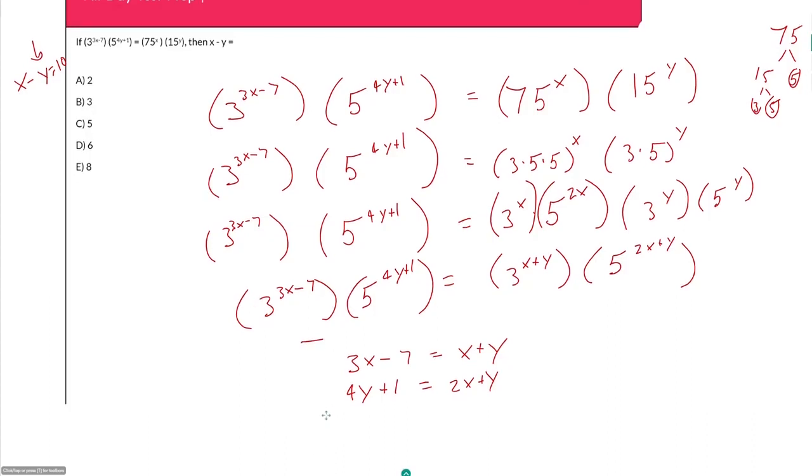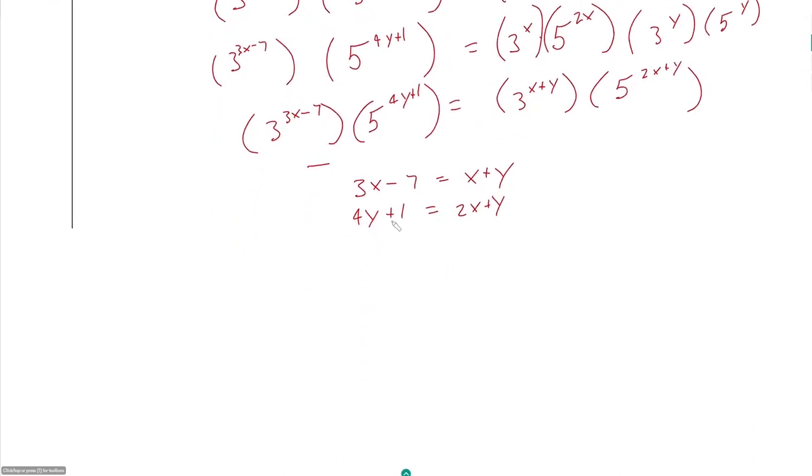I think I can first simplify these a bit. Here this is saying 2x minus 7 is equal to y. So y is equal to 2x minus 7. And then this one here is saying 3y is equal to 2x minus 1. So what should I do here?